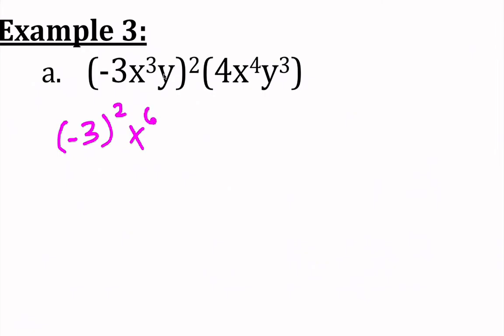The next thing I need to give this exponent to is the y. The y already has an exponent. Just because we can't see it doesn't mean it's not there. It's a 1. So I'm going to take this 1 and multiply by the exponent on the outside. 1 times 2 is 2. And then I'm just going to drop this guy down for now.